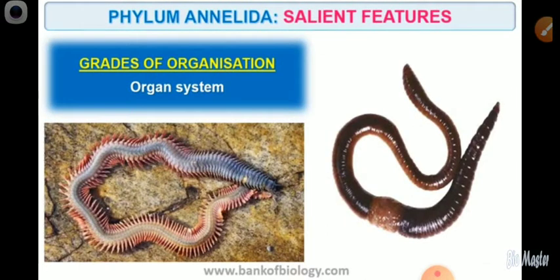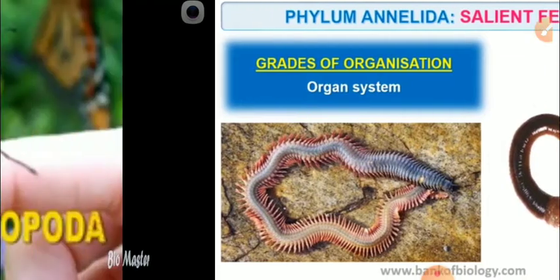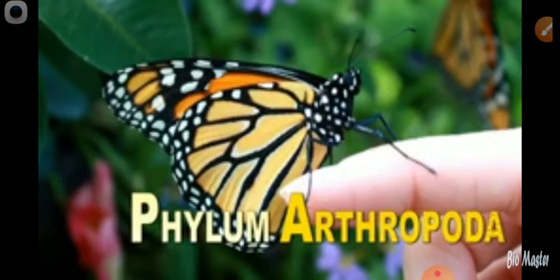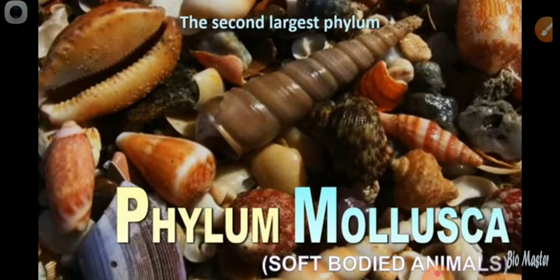Here you can see phylum Annelida. Then you can see phylum Arthropoda, butterfly, cockroach, etc. come under this phylum, and then phylum Mollusca.